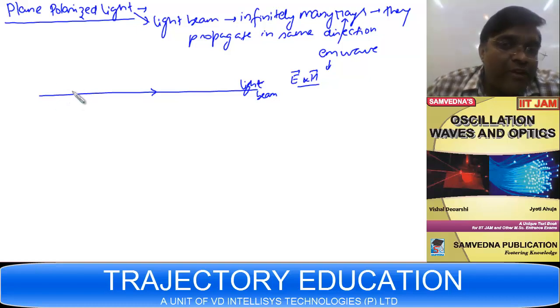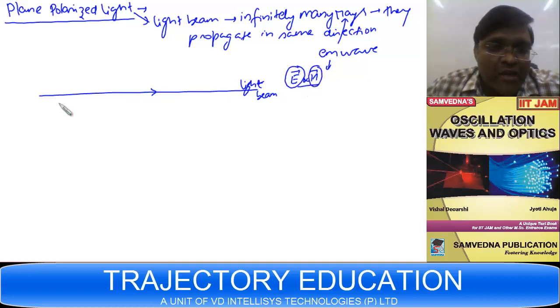Now, when I say field vector, I mean either E or H, right? Let us characterize the EM wave by one of the fields. I won't call it E, I'll just call it the field vector, right?